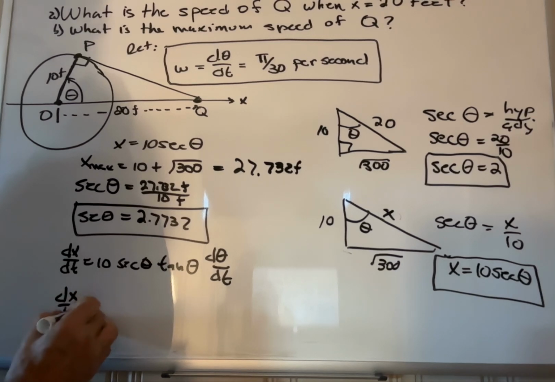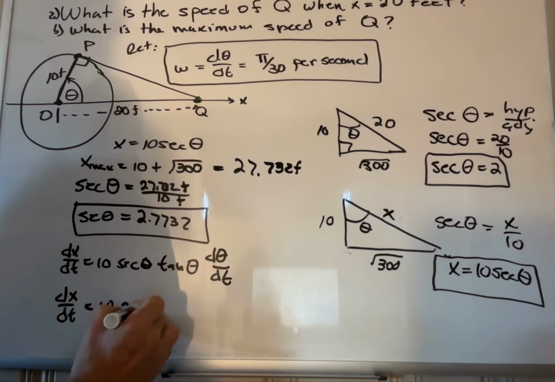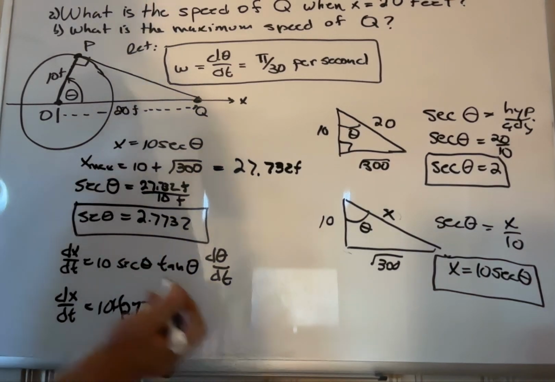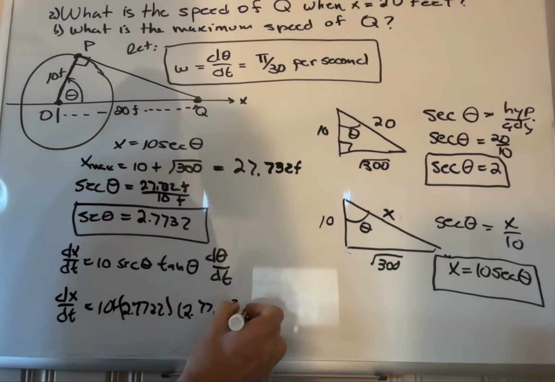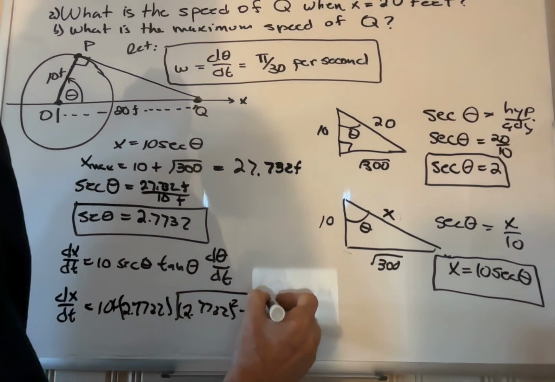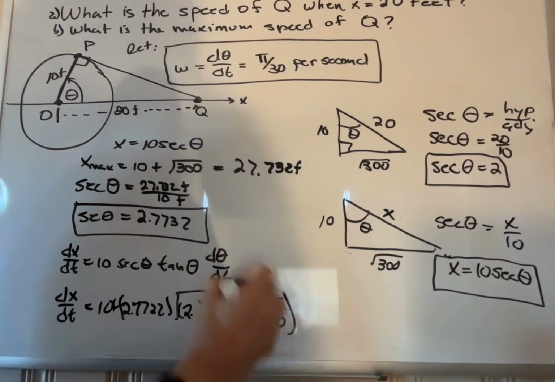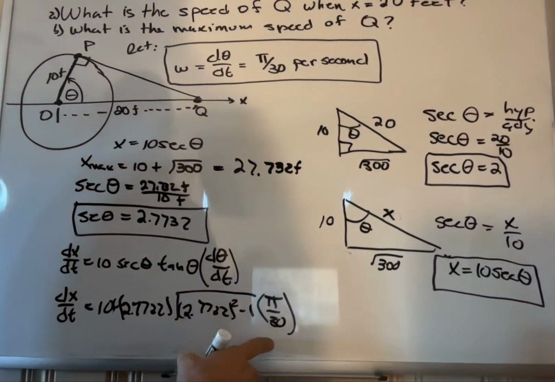This is going to be our maximum, equal to 10 feet times 2.732 times the square root of 2.732 squared minus 1, whatever that number is, times pi divided by 30. And don't forget now, our dθ/dt is that.